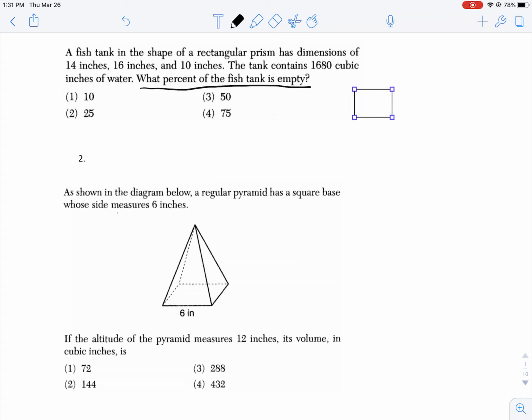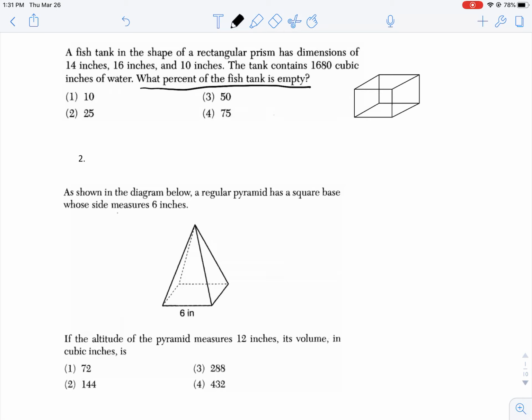See if I can do it. Not too shabby. Okay, so there's our rectangular prism.